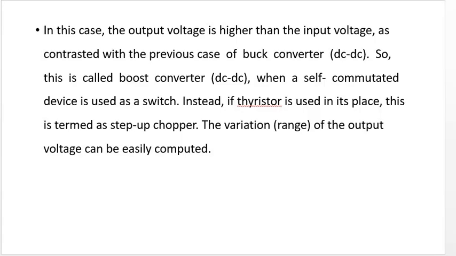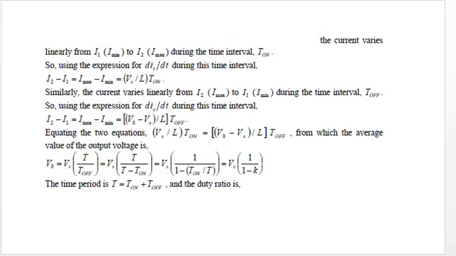So, in contrast with the buck converter, it is called a boost converter. When a self-commutated device is used as a switch, and if a thyristor is used in its place, it is termed a step-up chopper.